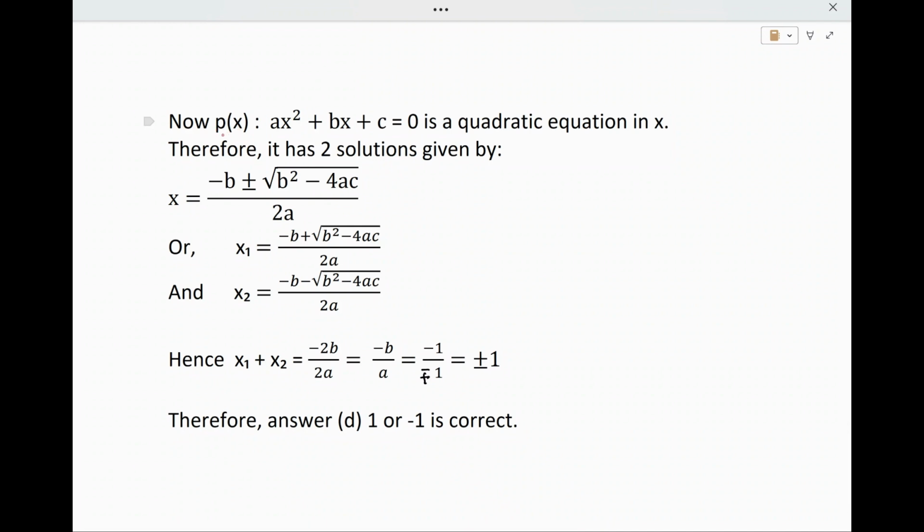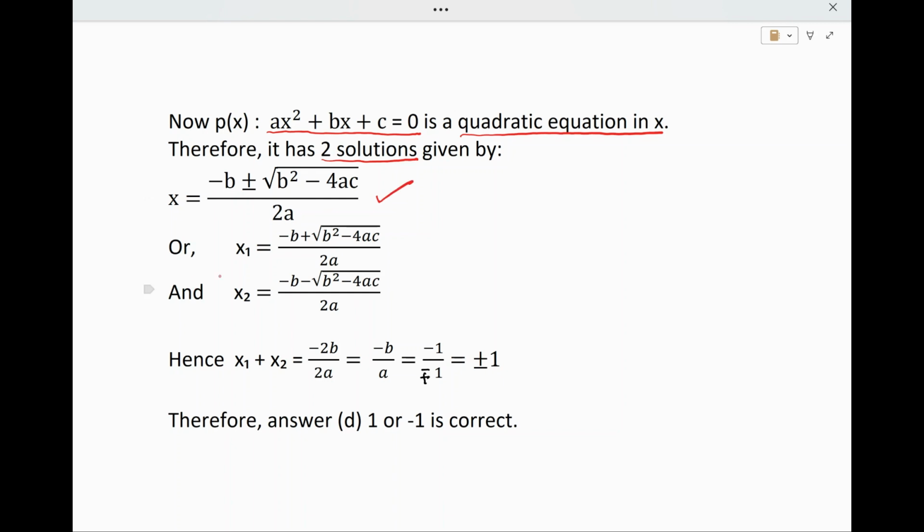Now the equation P(x), that is ax² + bx + c = 0, is a quadratic equation in x, and it has two solutions given by x = (−b ± √(b² − 4ac)) / 2a.